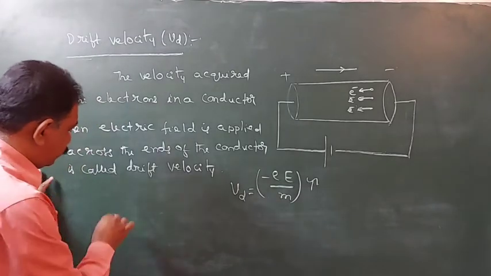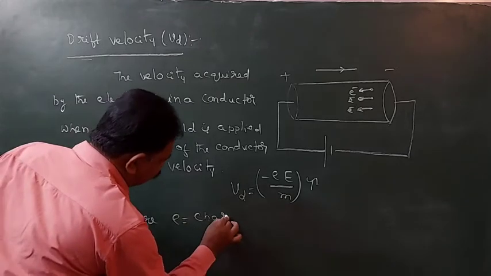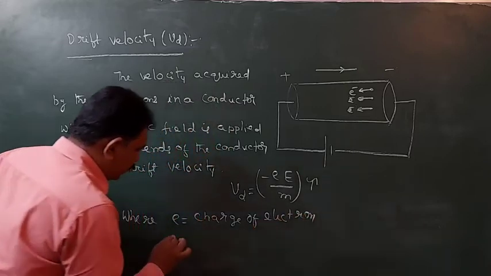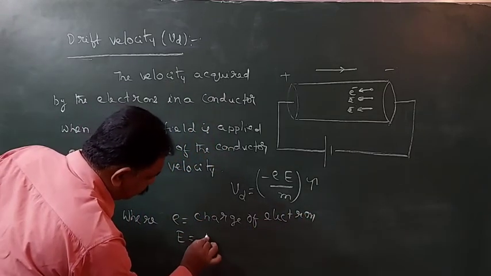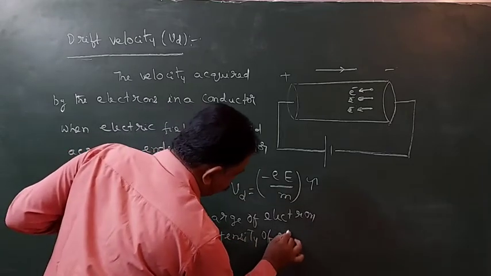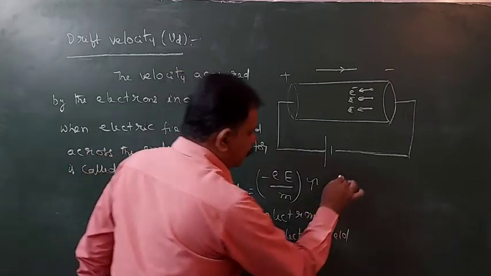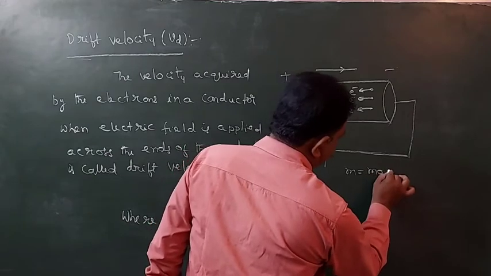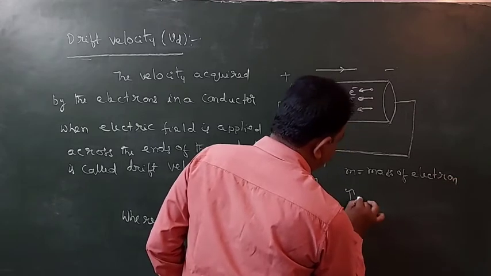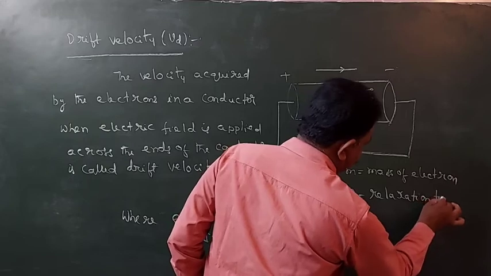Write down where e is equal to charge of electron, capital E is equal to intensity of electric field, m is equal to mass of electron, tau is equal to relaxation time.